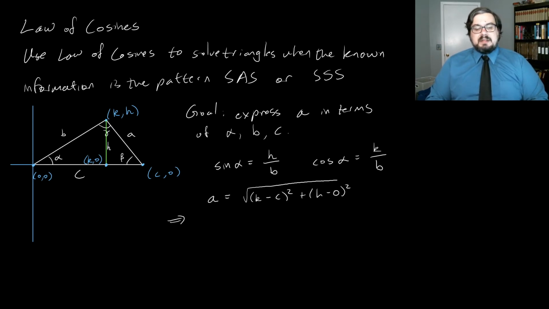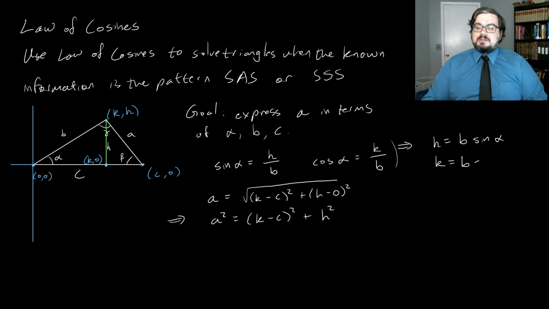So from here we get that a squared is equal to k minus c squared plus, well, h squared. Now h and k can be expressed using the two trig function equations that we came up with before. We have that h is equal to b times sine alpha and k is equal to b times cosine alpha.